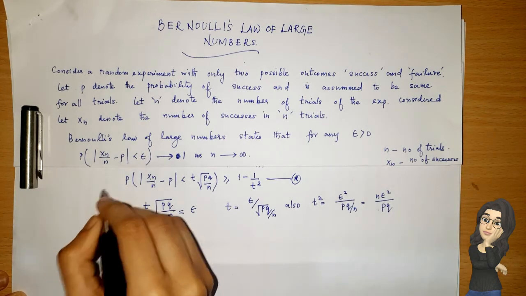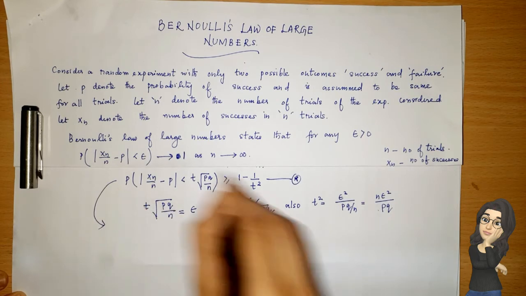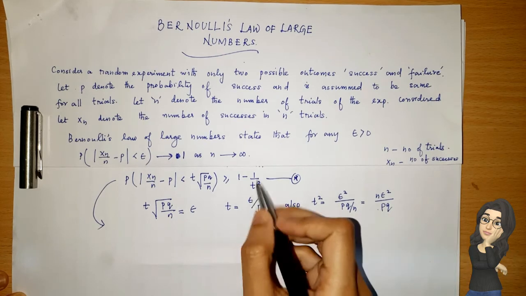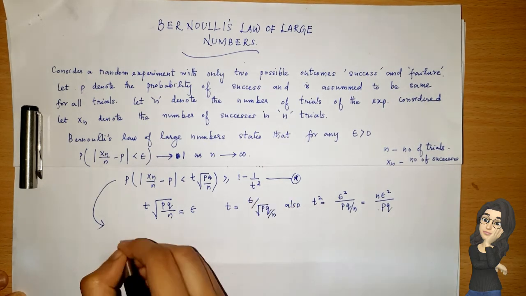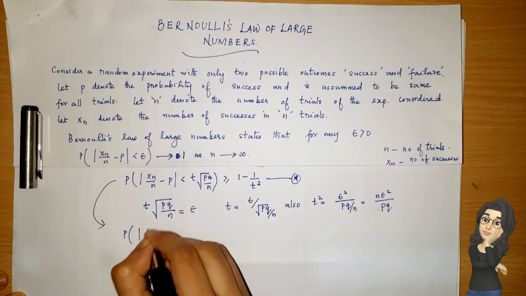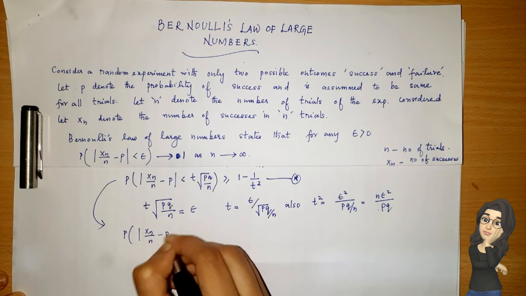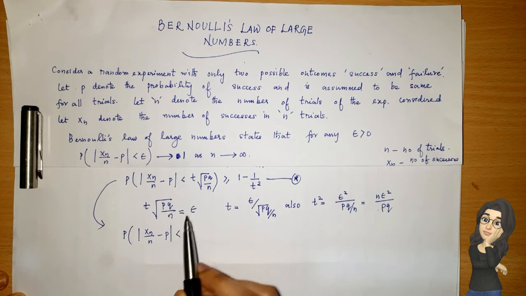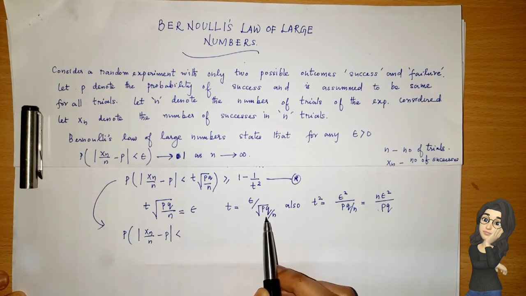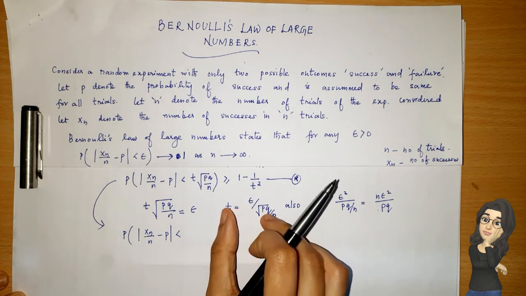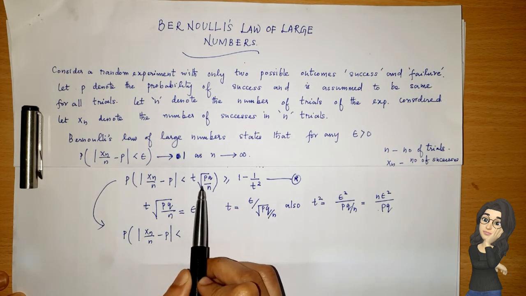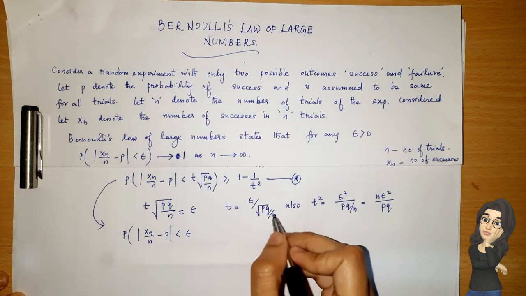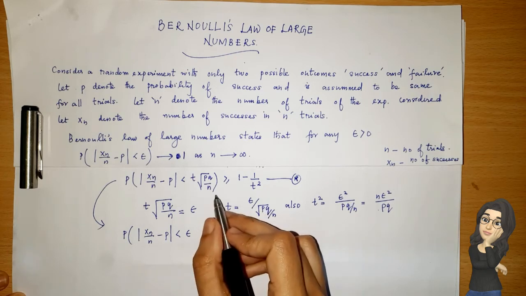Now, we know this inequality and we are going to substitute the value of T or value of T square in this right hand side. So what happens is probability of mod xn by n minus p less than, we know T is equal to epsilon divided by root PQ by n. So if I substitute this T into this equation, then what is left is epsilon, because root PQ by n is there in the denominator as well as in the numerator.